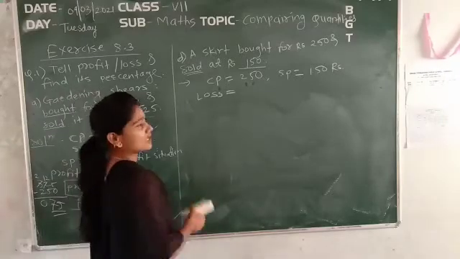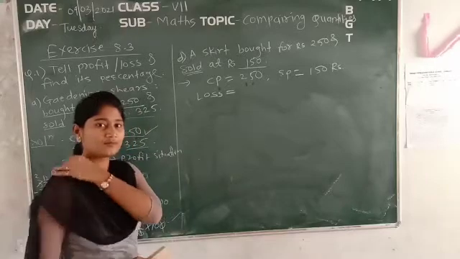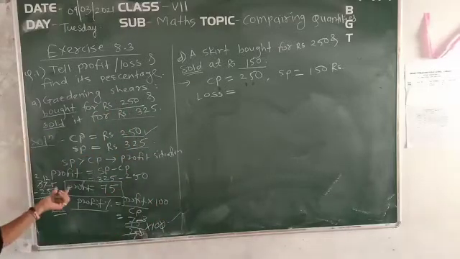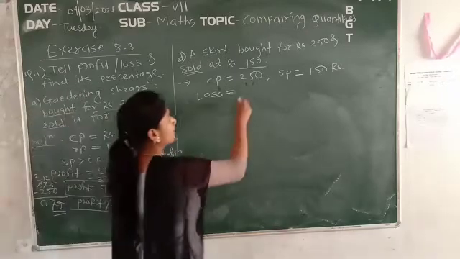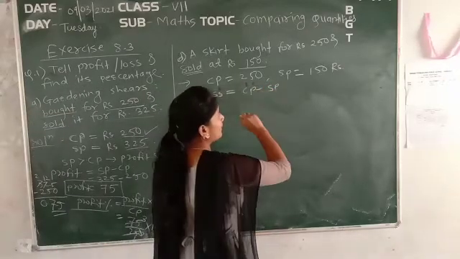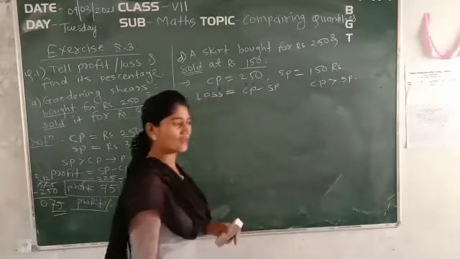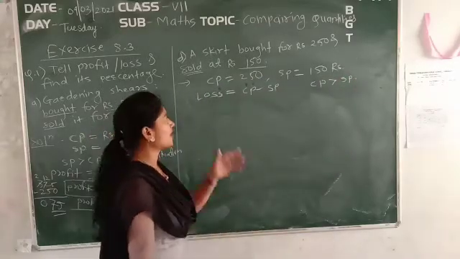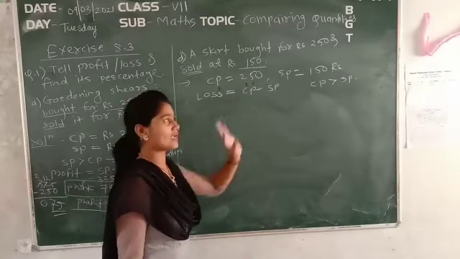Okay, so for loss, that formula also I have given to you. What is loss? For profit we do SP minus CP. So for loss we do CP minus SP. The opposite, because here CP is greater than SP. Okay, if cost price is greater than SP, we are in the loss situation and its formula is CP minus SP.